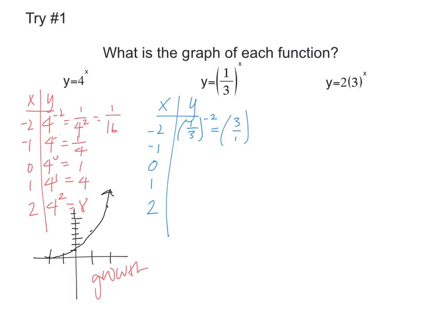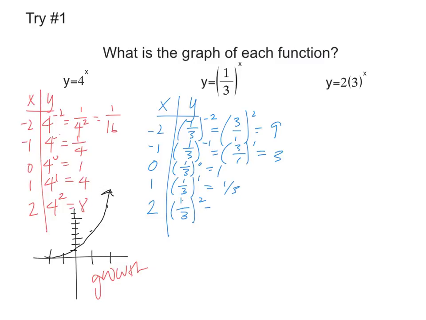So 3 over 1 squared is going to give us 9. 1/3 to the negative first is really 3 over 1 to the first, which is 3. 1/3 to the 0 is 1. 1/3 to the first is 1/3. And then 1/3 squared is, right, the square goes to both the numerator and the denominator, that's 1/9.